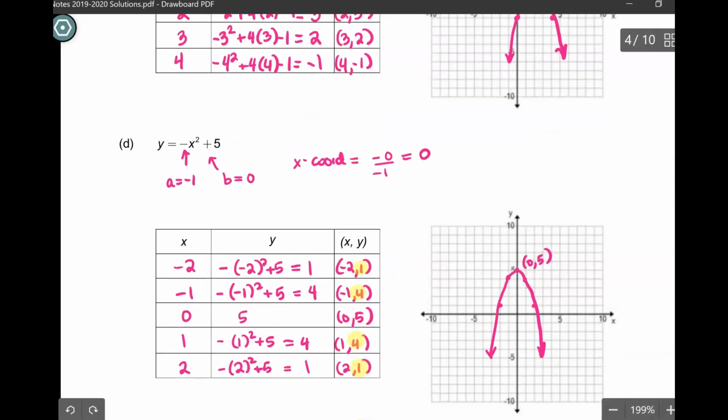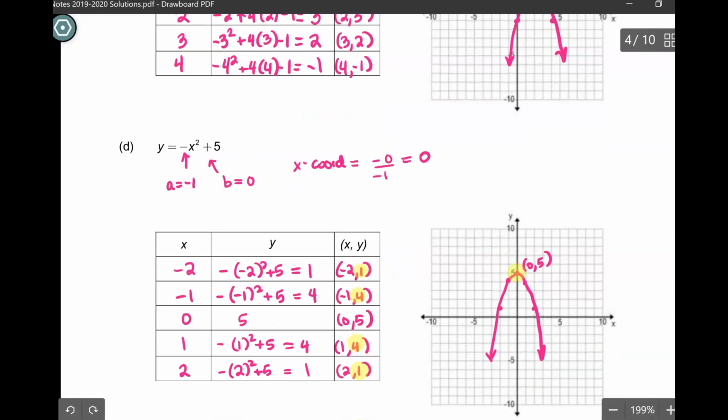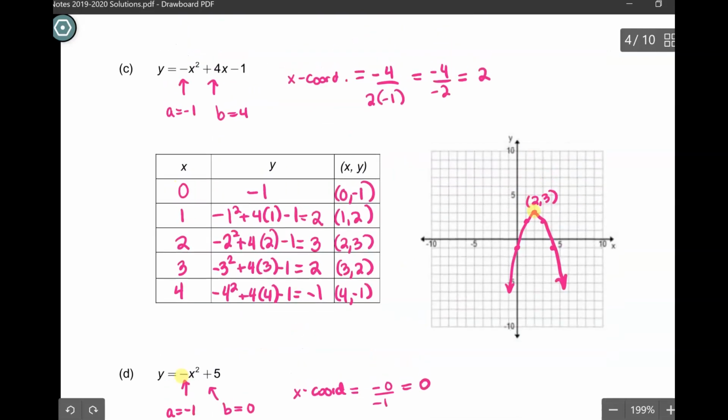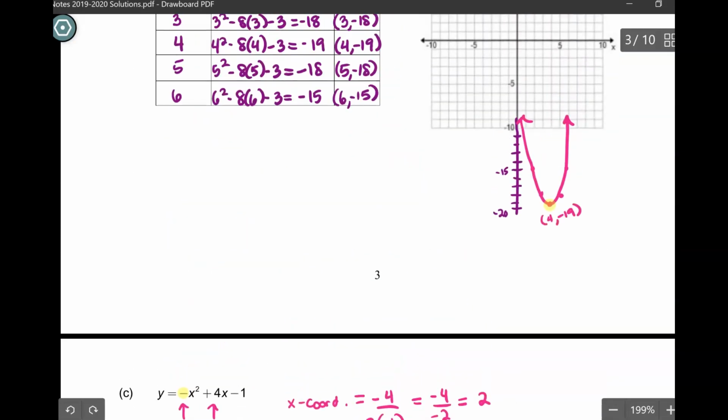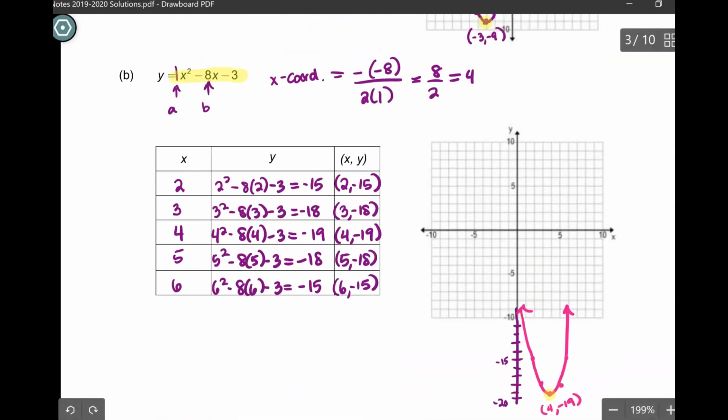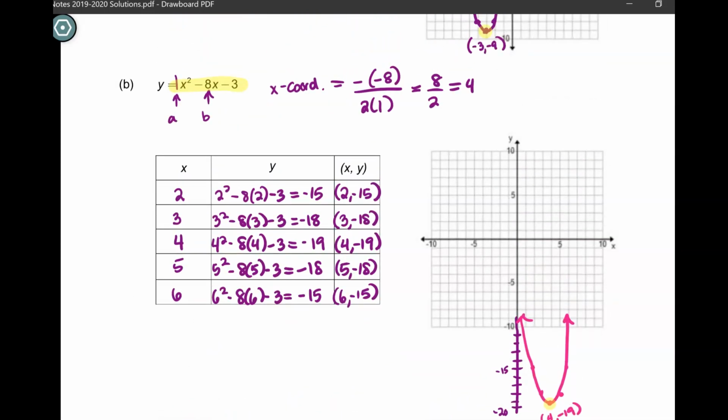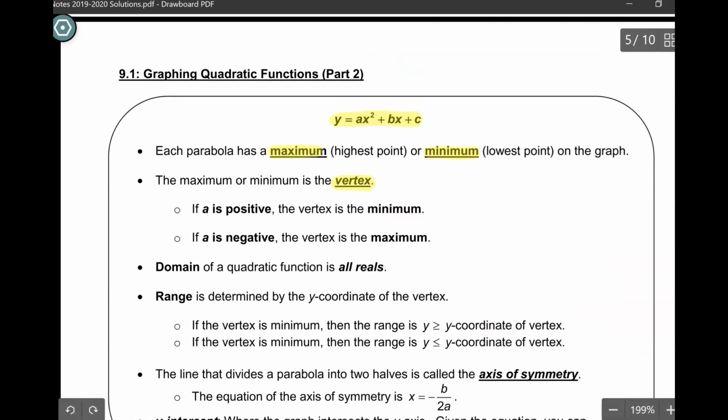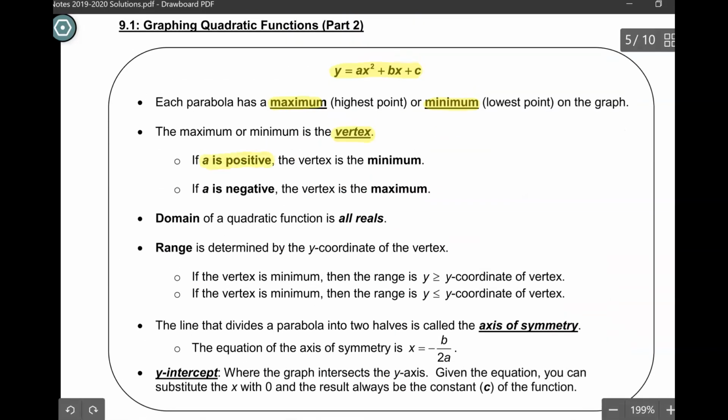And one of the things, when we have a maximum, you'll notice that the equation started out with a negative. When it was the minimum, it was always a positive value. So that's actually what I have here. If a is positive, the vertex is a minimum. If it's negative, then it's a maximum.